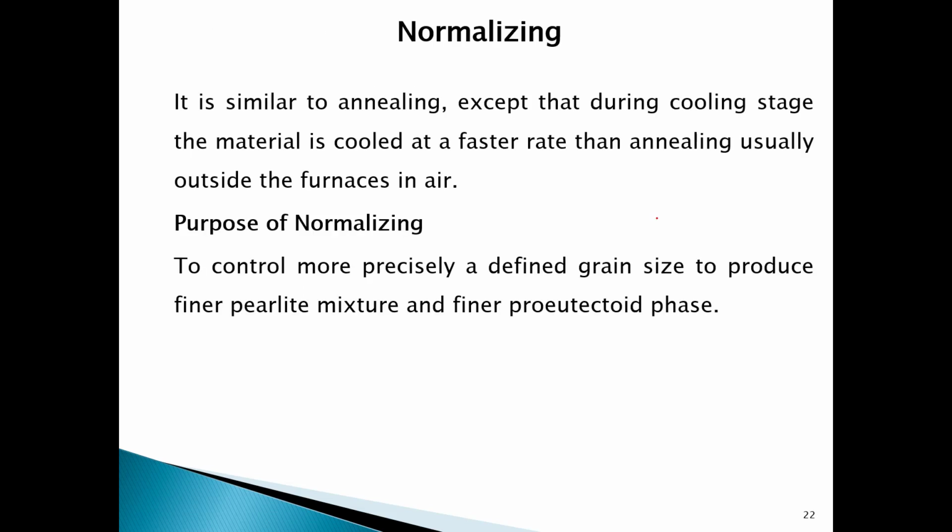Normalizing. It is similar to annealing except that during the cooling stage, the material is cooled at a faster rate than annealing, usually outside the furnace in air. The purpose of normalizing is to control more precisely a defined grain size, to produce a finer pearlite mixture and finer proeutectoid phase.